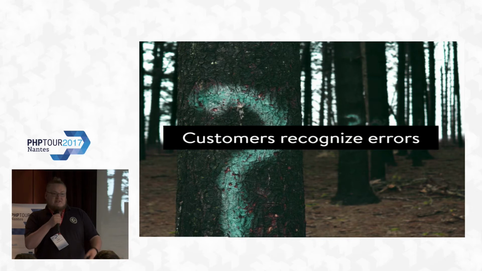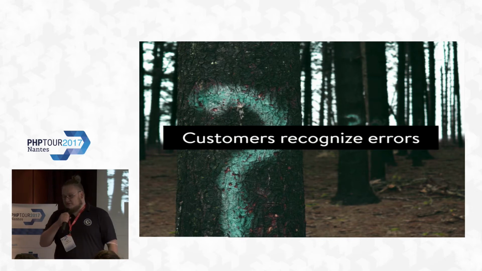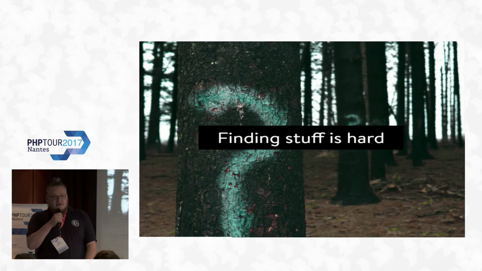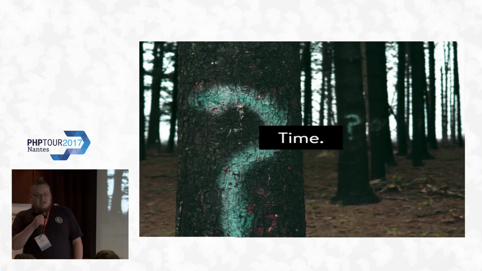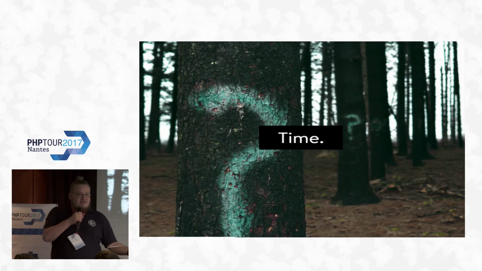They will probably notice it by the time you've fixed it. So finding stuff can be quite hard, like I just have shown in the log files. Digging through them on multiple servers in the same environment is quite troublesome. And time, like I said, the error is persisting, and until you fixed it, it won't be gone.